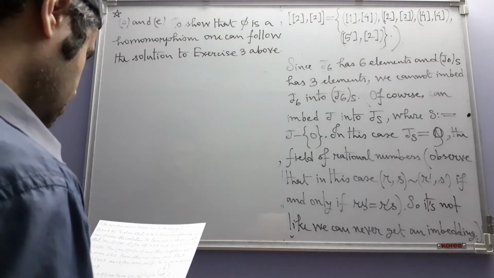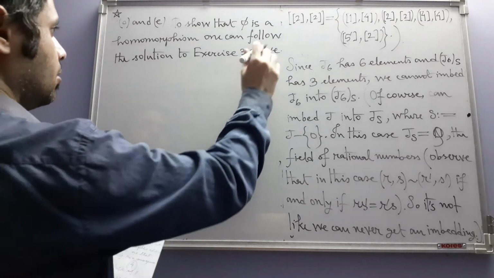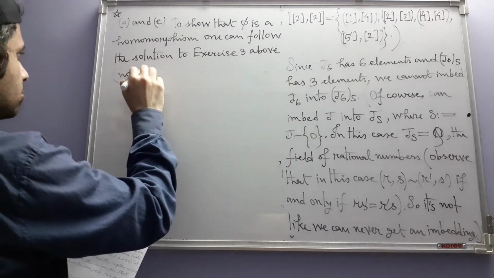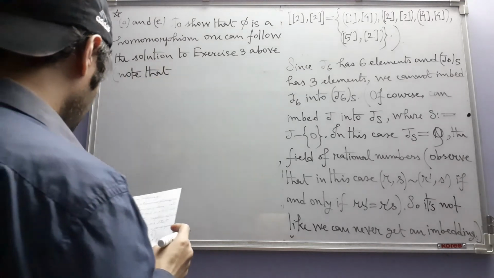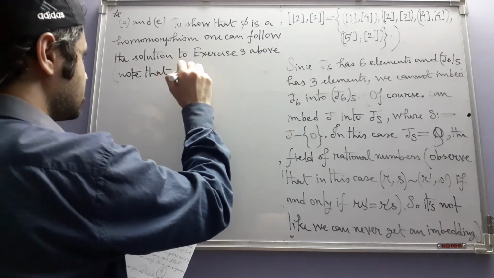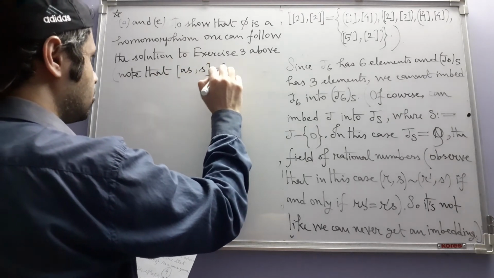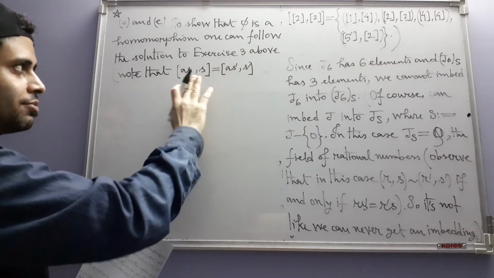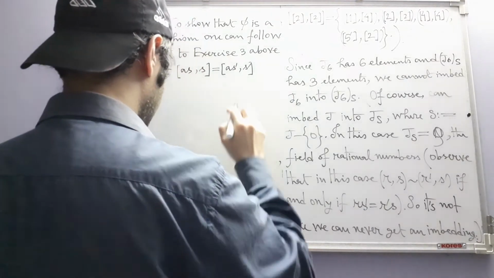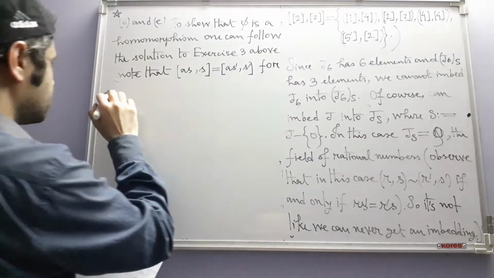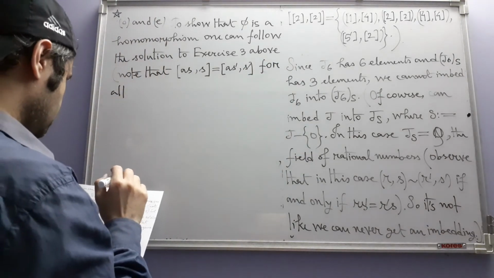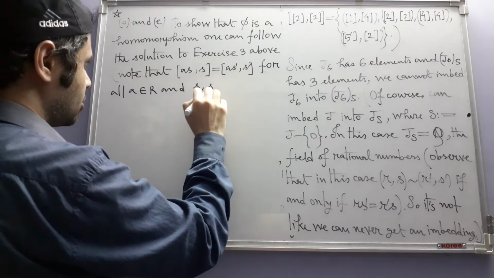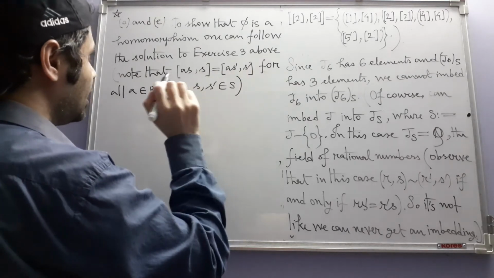Okay, now one more thing is this. Note that the equivalence classes do not depend on the choice of this element s, for all a belonging to R and s and s' belonging to S. Oh, I said we have already noticed this.